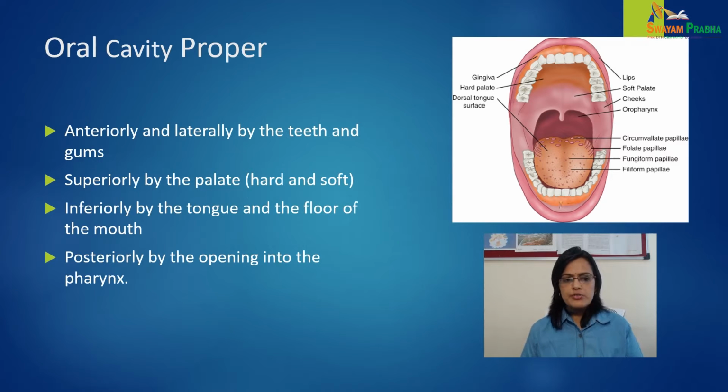This comprises the boundaries of the oral cavity proper. So there are two main parts of the oral cavity; just remember: oral vestibule and oral cavity proper. All right, so we will move to the next.